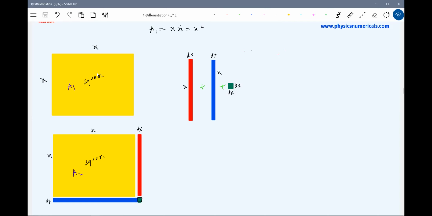So what is the change in area? I think I have to add up these. dA is equal to x dx plus x dx plus dx into dx. So this will become 2x dx plus dx square.